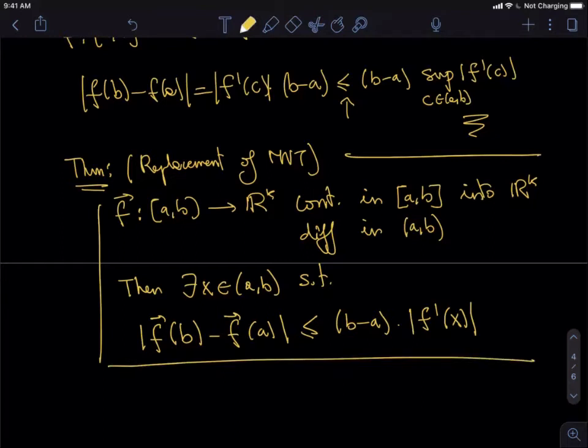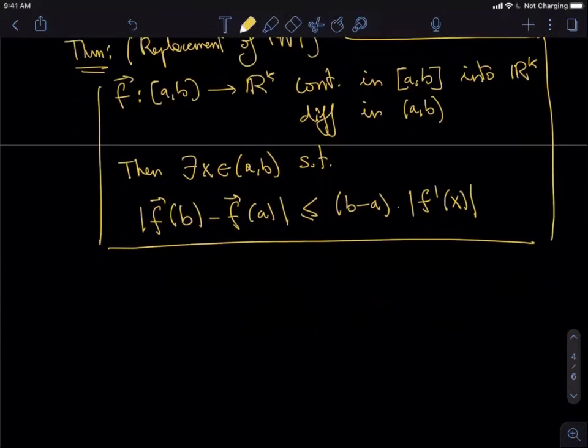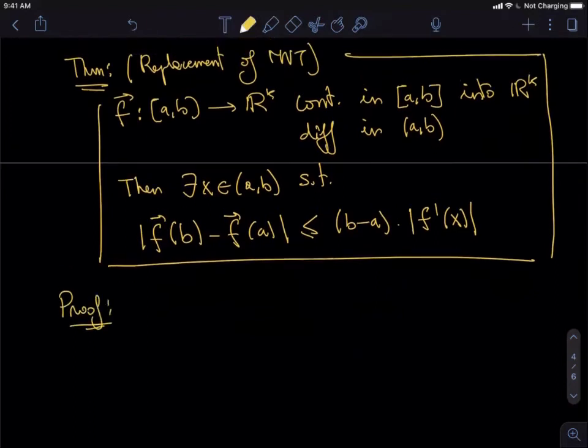And then let's start with the proof. So in this case, let's have an idea of what's going on. So let's say we have here our trajectory. Again, this is f(a), this is f(b).